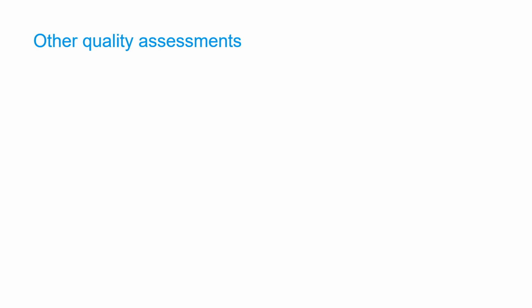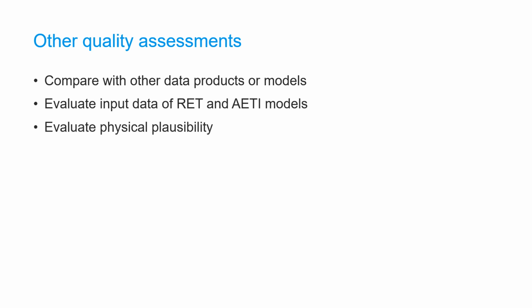In case there is no reliable reference data, other approaches than validation can be used to assess the quality of the data layers. For example, comparing with other remote sensing-based RET or AETI data products, evaluating input data from RET and AETI models, or evaluating the physical plausibility, for example, correlation with other related variables.